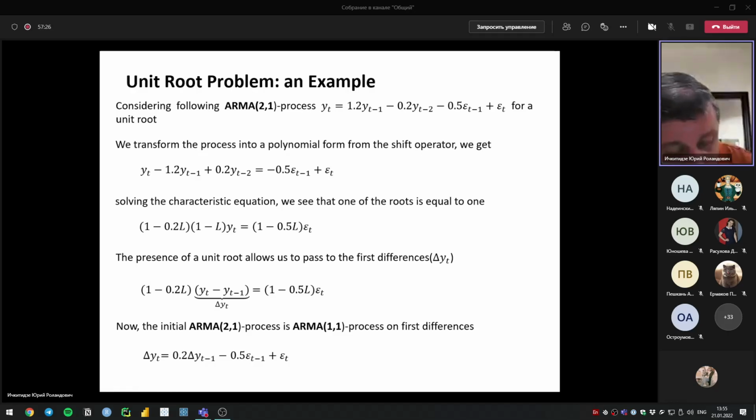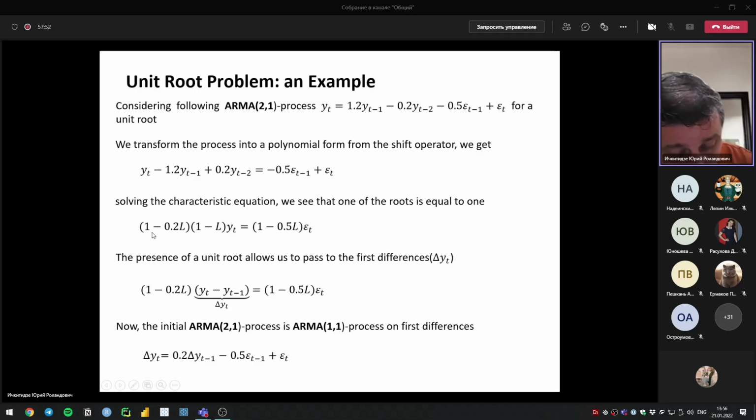Yt is taken out here. It will be 1 minus 1.2 plus 0.2, multiplied by L, like the operator, L squared.